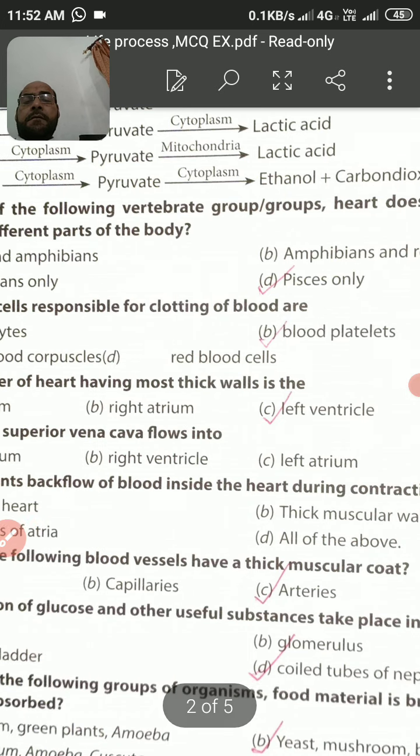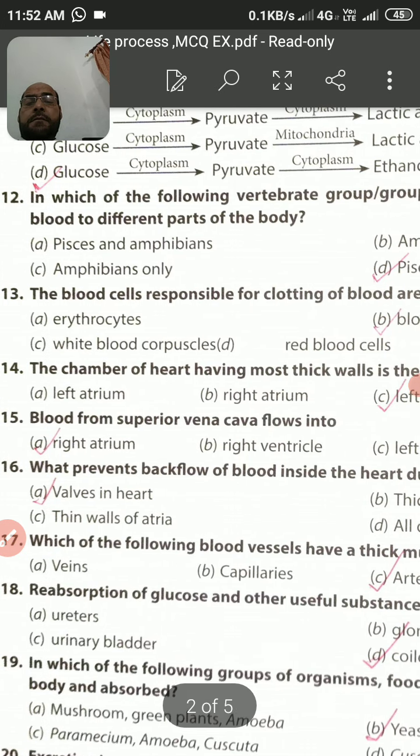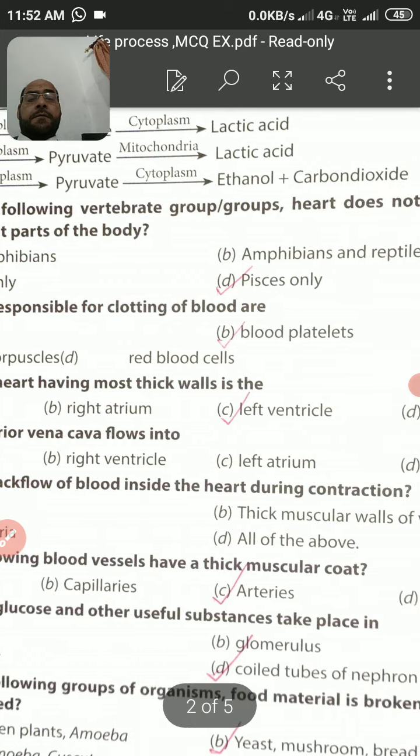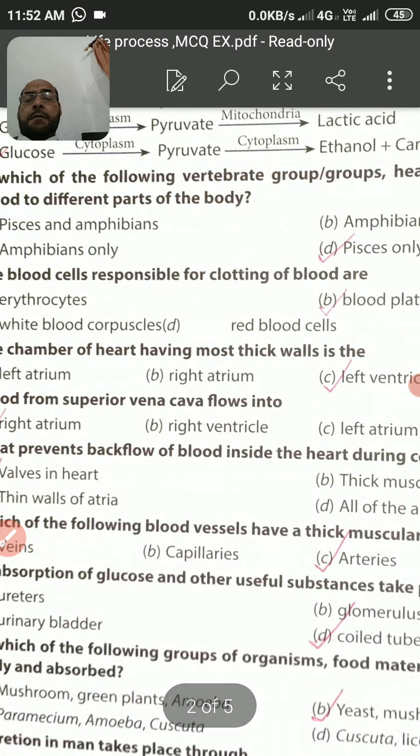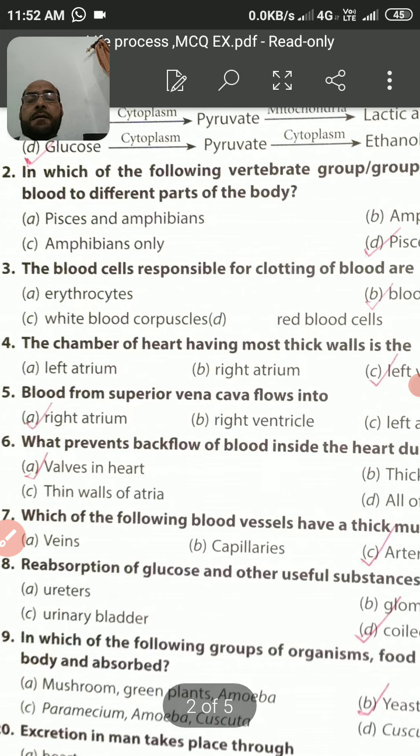My dear students, the amphibians and reptiles and pisces, these 3 categories are here.